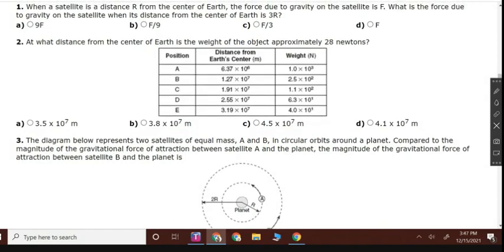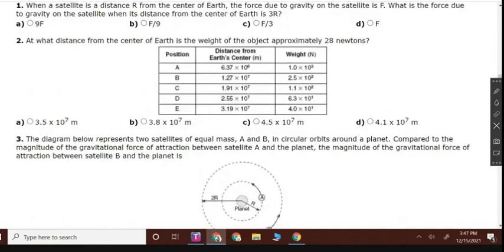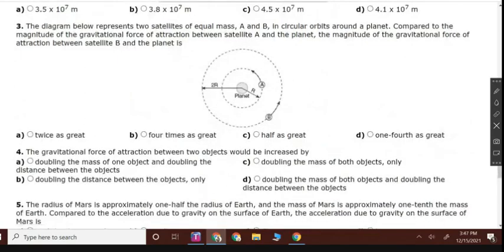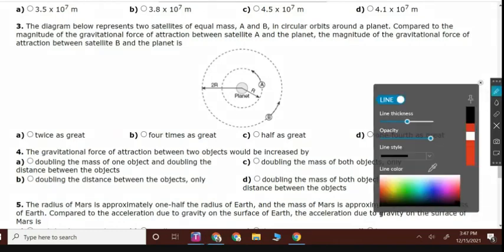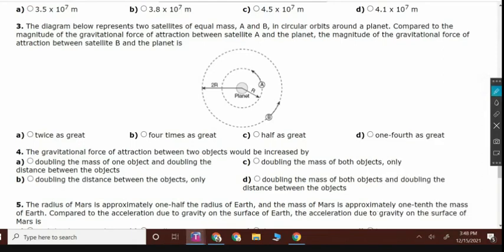Ignore number 2, that's a pretty crazy question. Number 3 you saw already. The attraction of B: B is further away, so it's less.